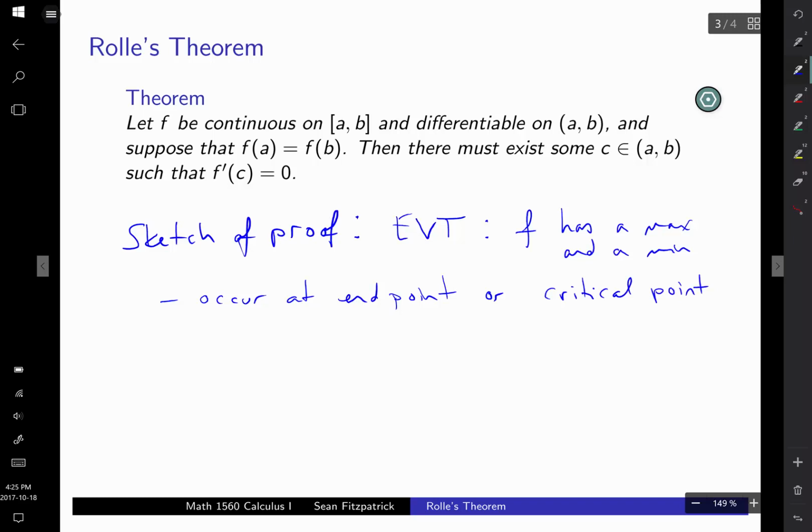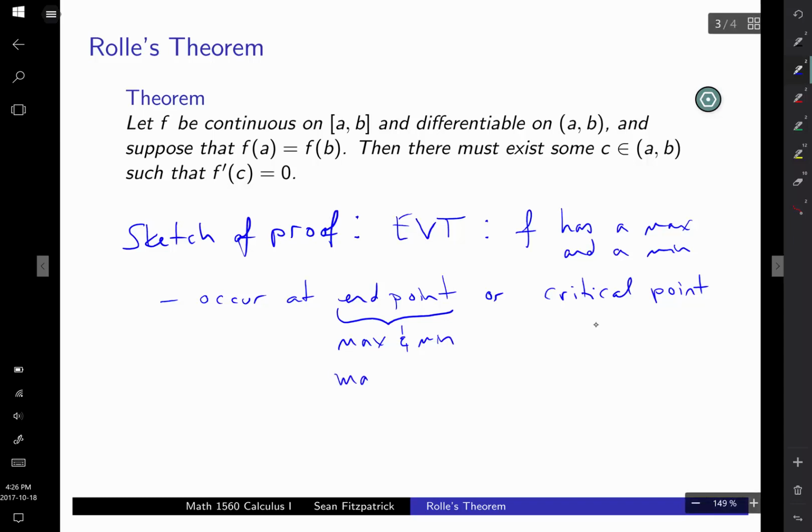Okay. Now, of course, one possibility is that the max and min both occur at an endpoint, right? If the max and the min both happen at an endpoint, well, the function has the same value at both endpoints, right?